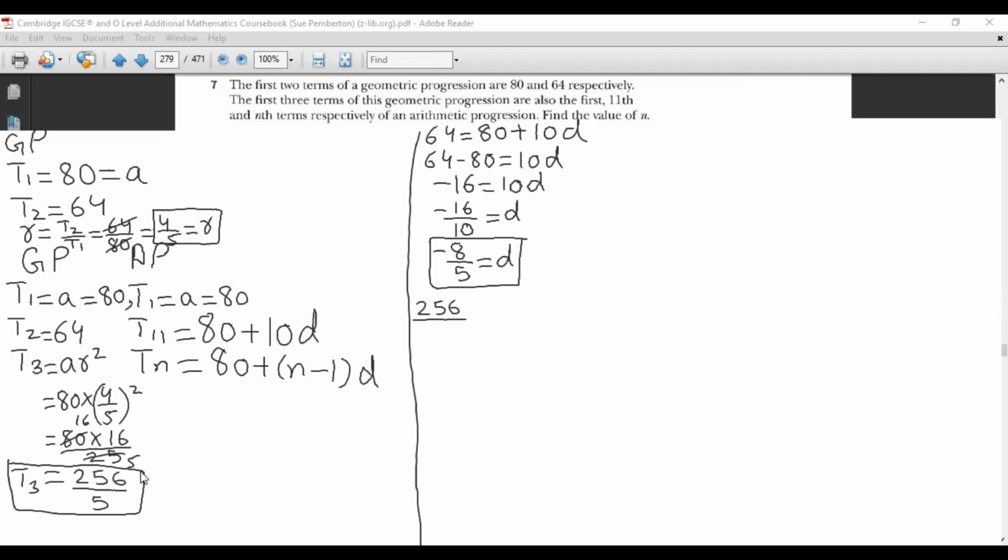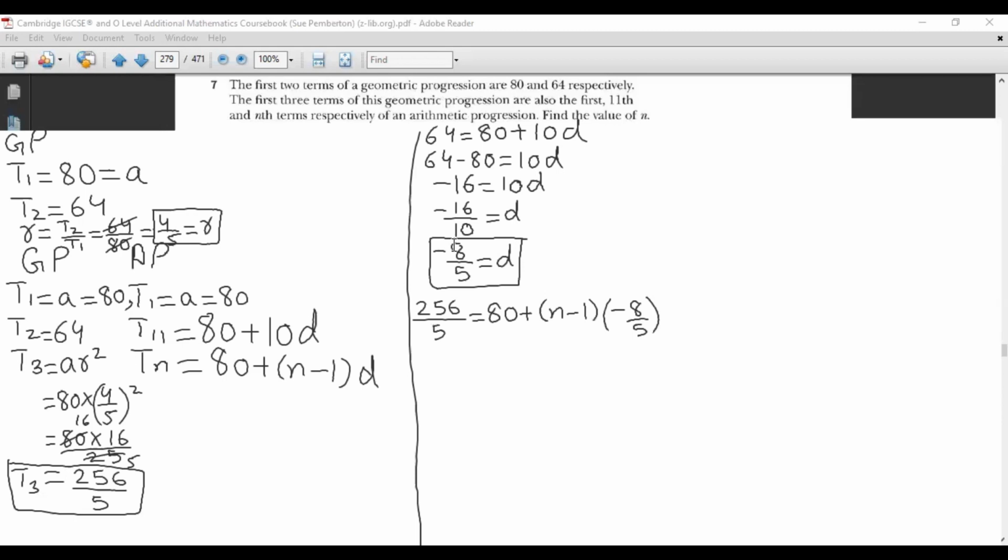So 256 over 5 equals, comparing it with this one, 80 plus n minus 1 times the value of D, which is minus 8 over 5.